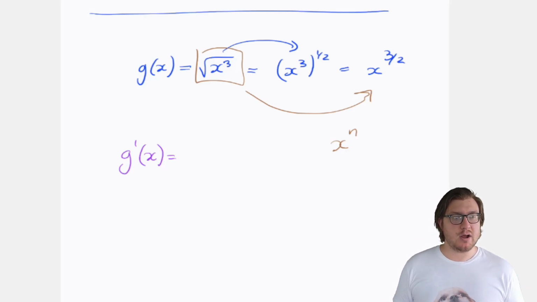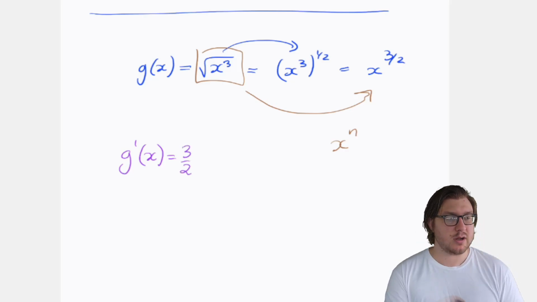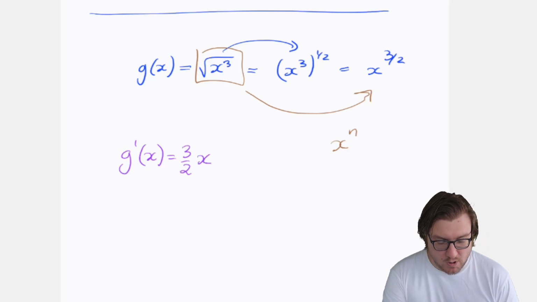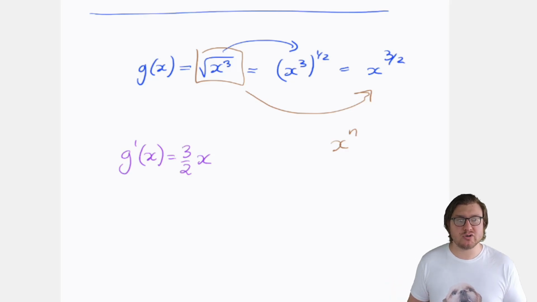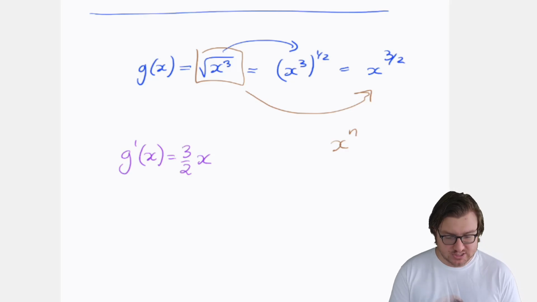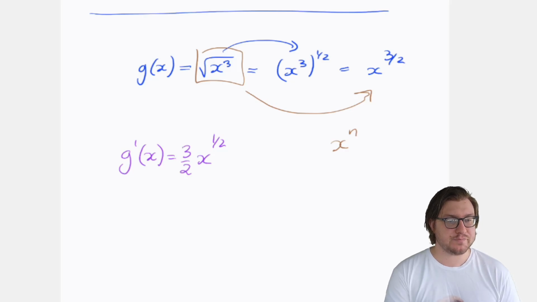So 3 over 2 becomes in front. And now we reduce the power by 1. So what is 3 over 2 minus 1? Well, 3 over 2 is 1.5 minus 1 is going to be 0.5 or 1 over 2.